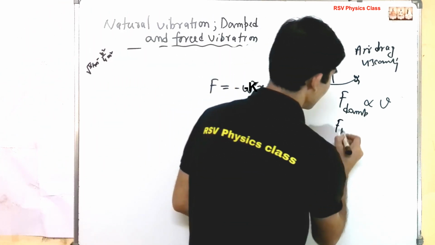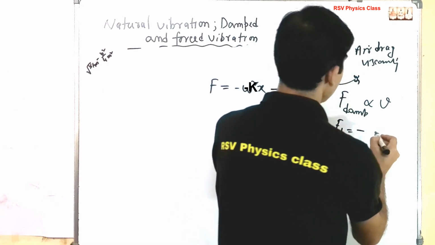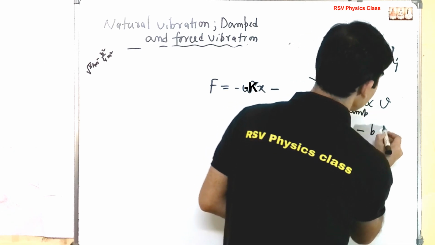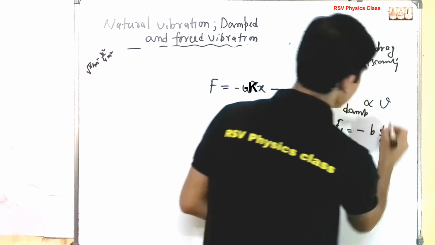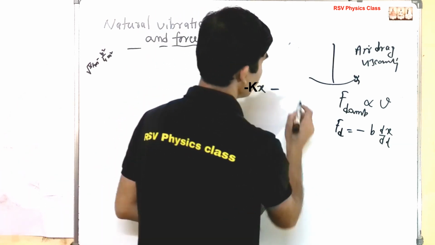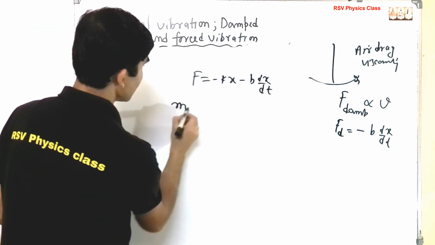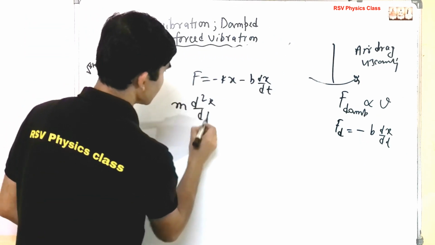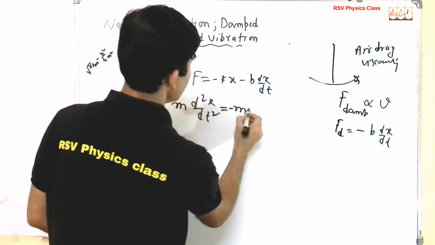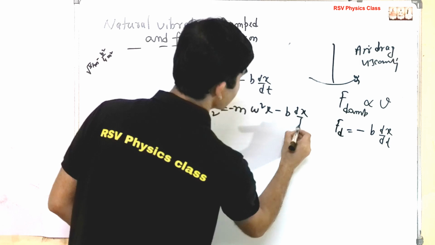So FD equals b v, where v is basically dx/dt, so b dx/dt. Now this term is FD. So m d2x/dt2 equals minus k x, that is m omega square x, minus b dx/dt.